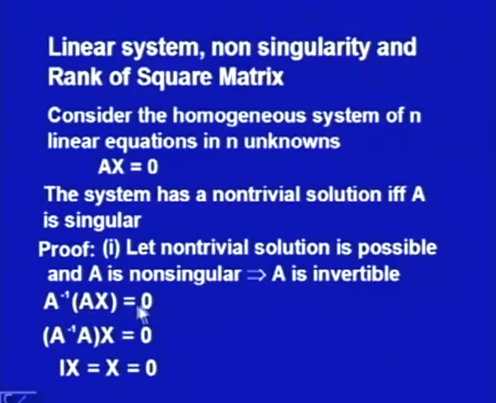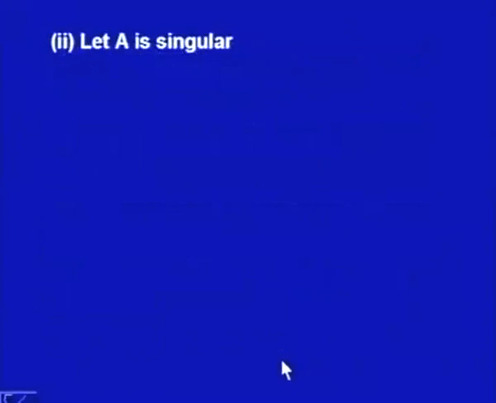So A inverse Ax is equal to 0, and A inverse A is identity, so Ix is equal to x, so x is equal to 0. We started with a non-trivial solution and assumed that A is non-singular, but we finally arrive at a contradiction, that x is equal to 0. That means our assumption that A is non-singular is not correct, and that means A is singular.